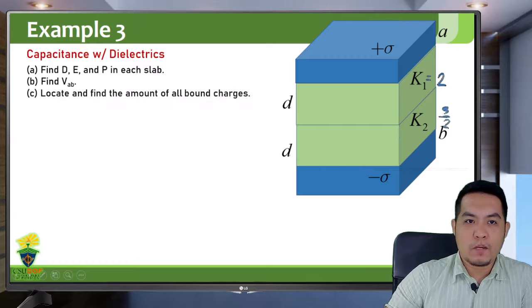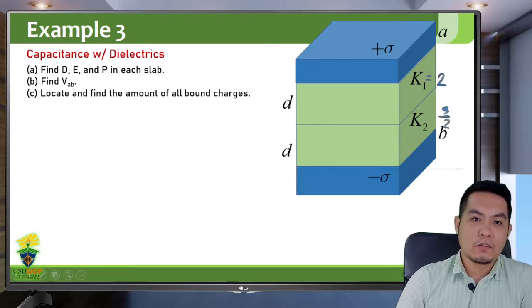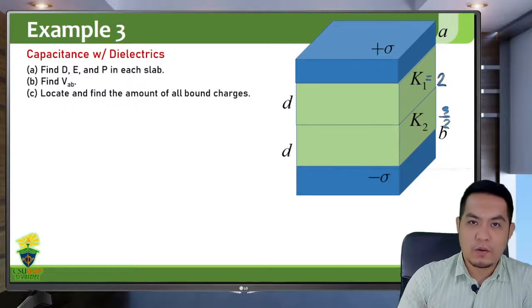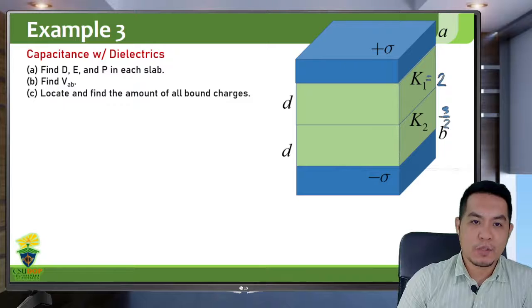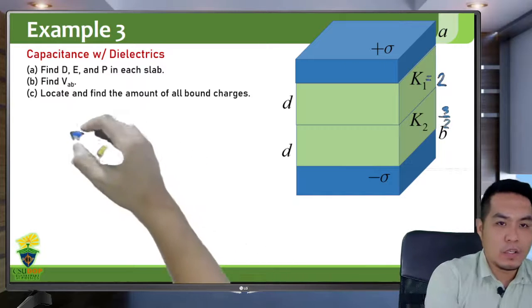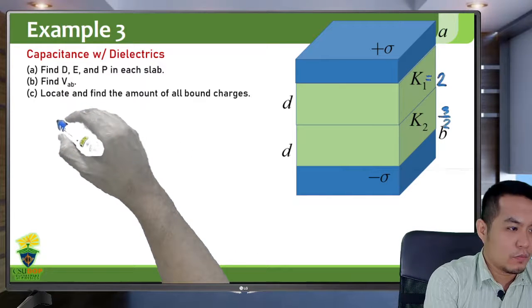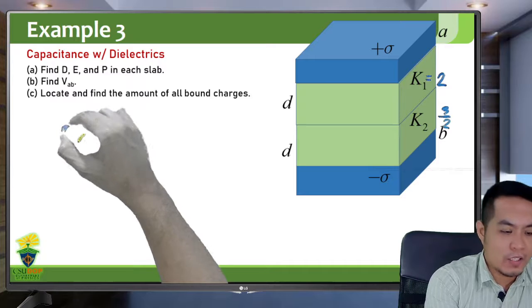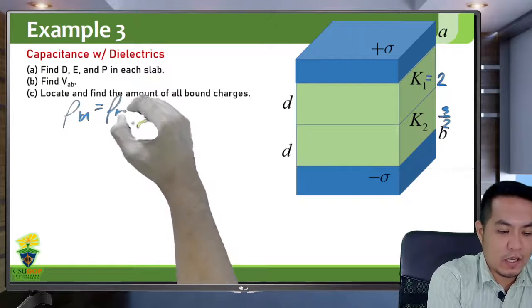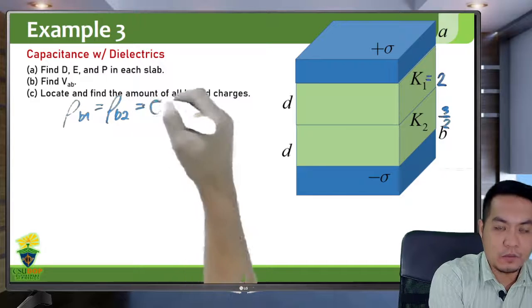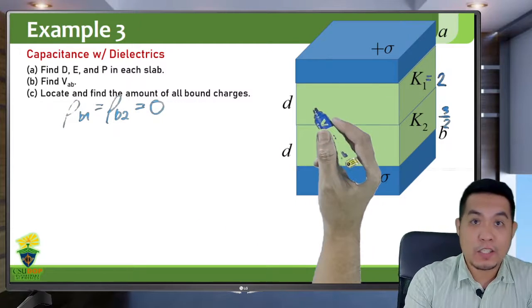For the third problem, we are asked to find the amount of all bound charges and locate the bound charges. Since we already know the polarization, in this case, there will be no volume bound charges in slab number 1 and slab number 2 since our polarization is constant.